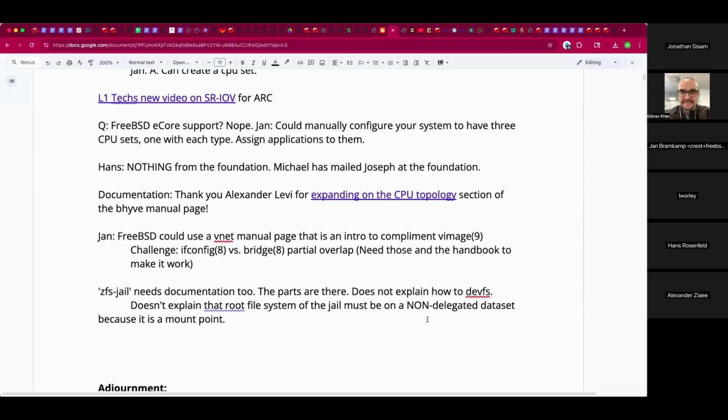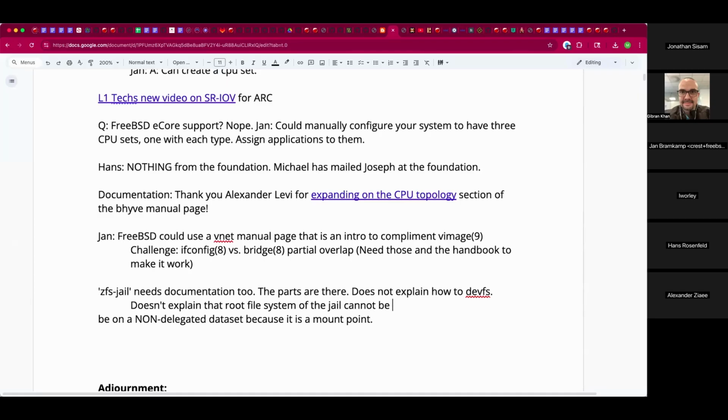No, the problem is you have to have the root directory of your jail on a file system which is not set with ZFS jail, because you have to run the ZFS mount command inside the jail. And that assumes that you have the ZFS mount command there and a device file system. So the root file system of the jail cannot be mounted with this utility.